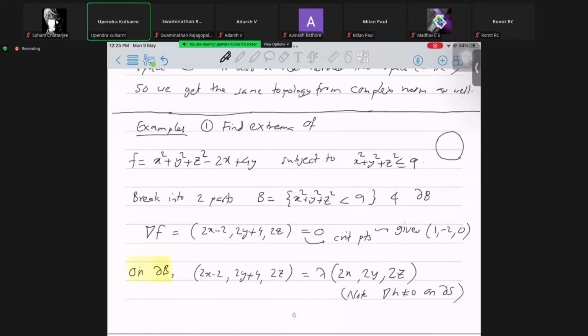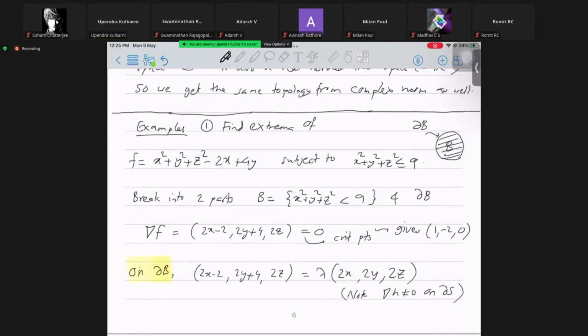This is B, and the domain is really the union of both of these. On an open set, I know how to do max min using critical points, etc. And on the boundary, I know how to do this because of Lagrange multipliers.